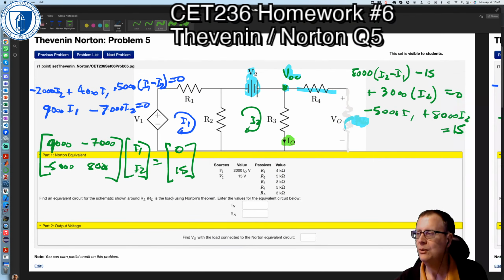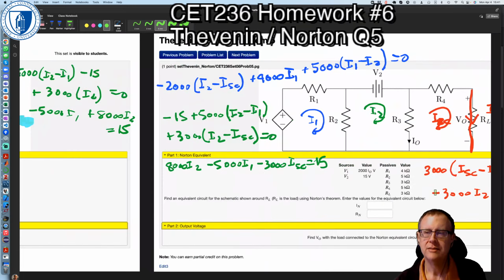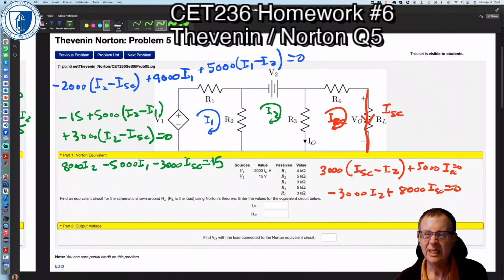And then we need to remember to solve the circuit, we need the open circuit voltage and the short circuit current. So to find the short circuit current, I've redone it, and I've just said we're replacing RL, the load resistor, with a wire, and that's got the short circuit current flowing through it.